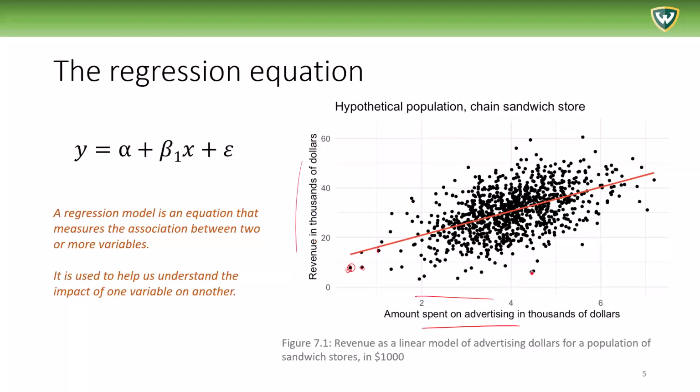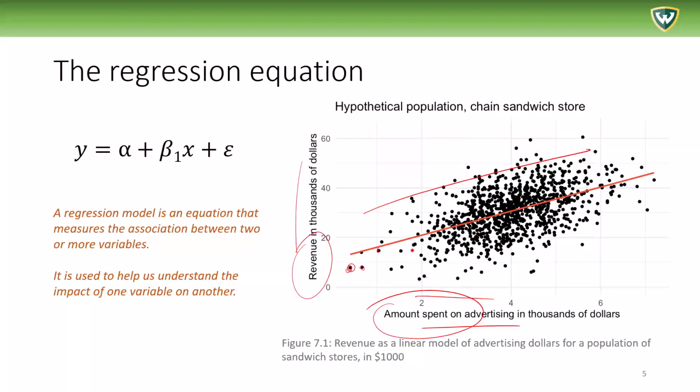So there are many locations, each with both revenue and amount spent on advertising. And we can see that in the aggregate, when we collect all of this data, we see a linear relationship.